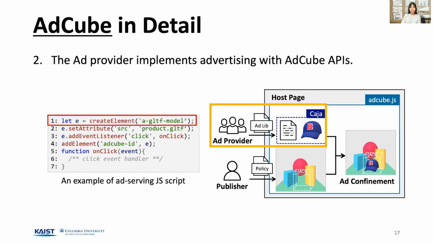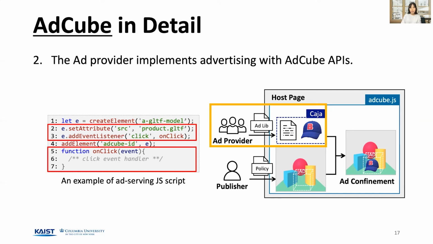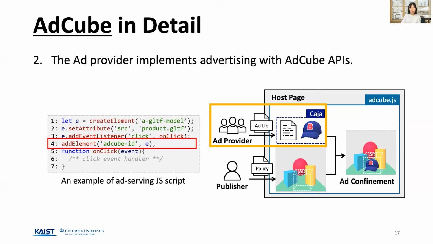The code below creates an ad entity via the createElement function, and it sets the attributes that specify the source of a 3D model and attaches a click event handler to trigger actions such as animation play. The invocation of addElement appends this entity to the area that the publisher defines by the AdCube tag.